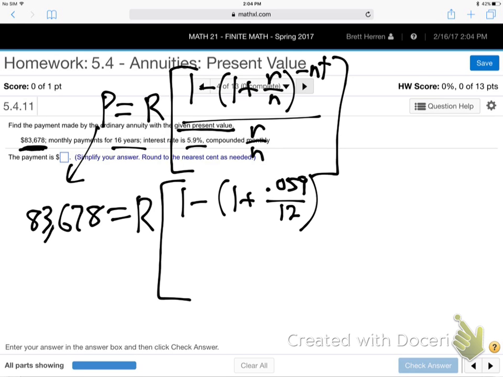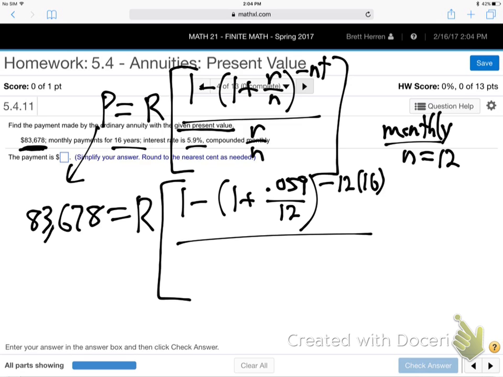What's the N? Monthly? N is 12, right? Monthly. So monthly is 12.